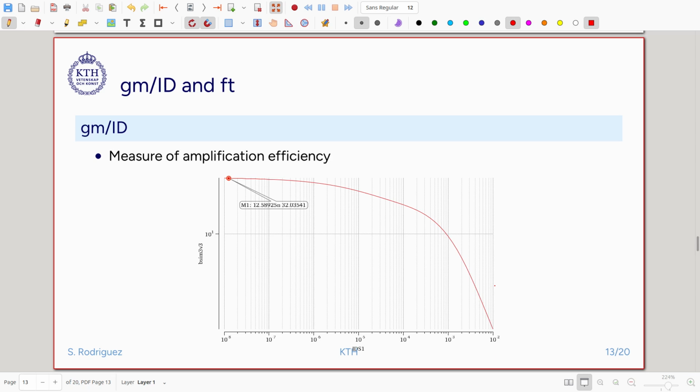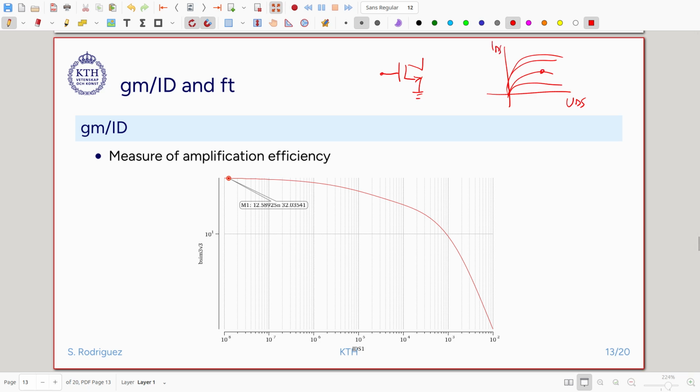Then the next topic is important parameters in a transistor, how to characterize our transistor. We have our transistors here, and then we have to bias our transistor to a particular biasing point. We have the curves here, VDS, IDS.